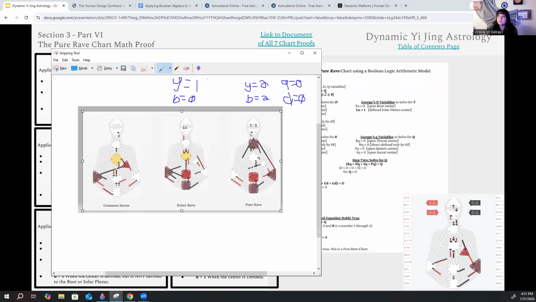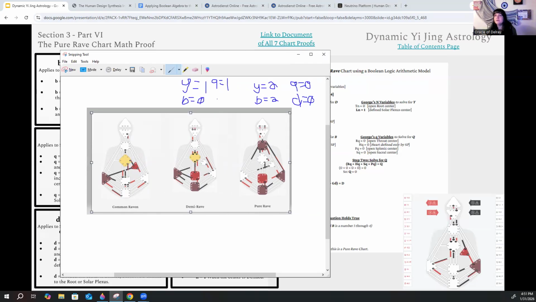So Q here is 1. And D is 3, because D looks for centers that are not defined by the root or solar plexus. I'm sorry, that means D is 2. So the G and the splenic are not defined by the root or solar plexus.